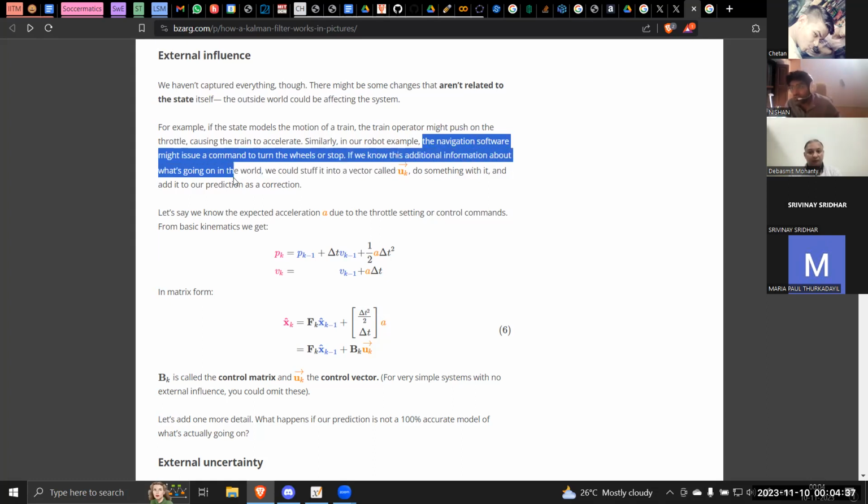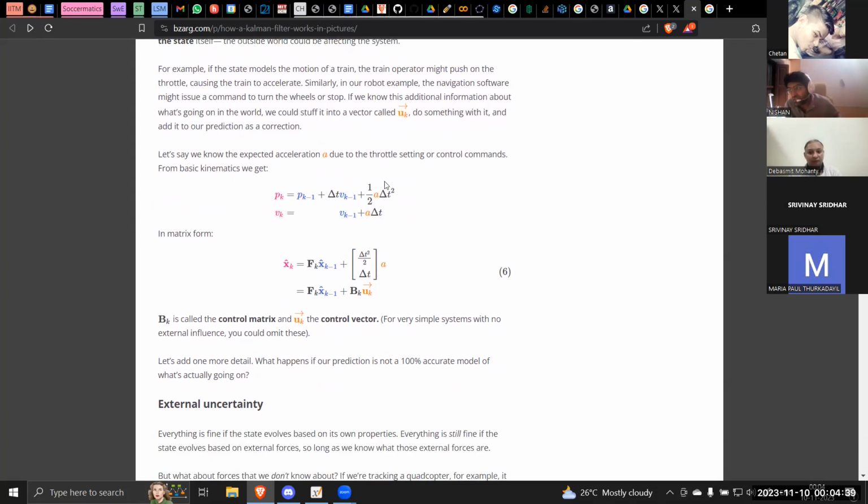Let's say we know the expected acceleration a due to the throttle setting or control commands. From basic kinematics, we get pk is equal to the older position plus delta t times vk. That is again a new position after time t, and the position as a result of acceleration is half a t square.